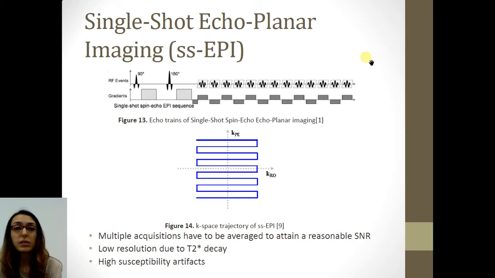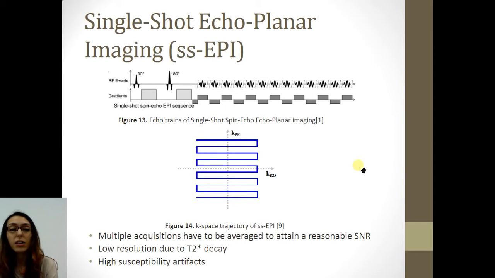Okay, so in single shot echo planar imaging, the pulse sequence can be seen here, and in this pulse sequence, the k-space is traversed in only one repetition time. So you start, for example, from here, and then in one TR you quickly traverse the whole k-space.